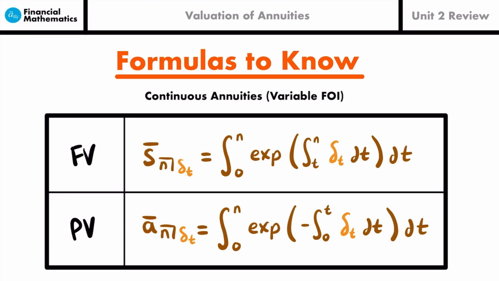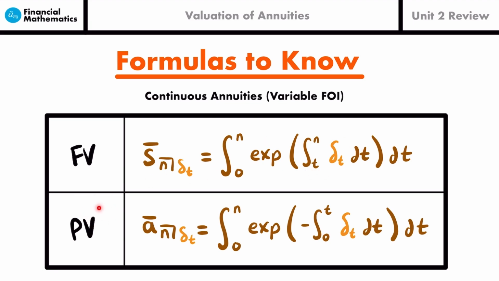But the future value of the continuous annuity is equal to the integral from 0 to n of exp, which just means the number e raised to the power of what is inside these parentheses. So we have e raised to the power of the integral from t to n of that variable force of interest delta t dt, and then dt for the outer integral. And whatever the payment amount is for the continuous annuity, you would also multiply by this notation and include it in this integral.